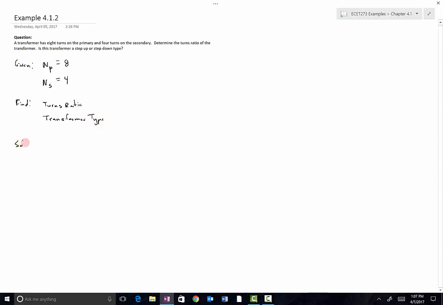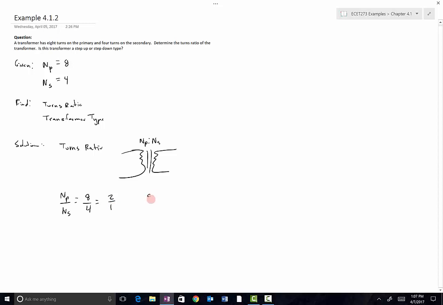So the solution to this is that the definition of turns ratio for a transformer, an ideal transformer looks like this, is the number of turns on the primary as a fraction to the number of turns on the secondary. So N_P over N_S is equal to 8 over 4, which is equal to 2 over 1.